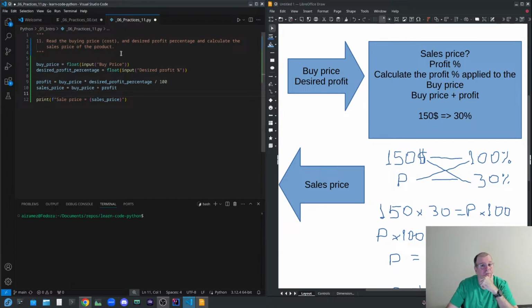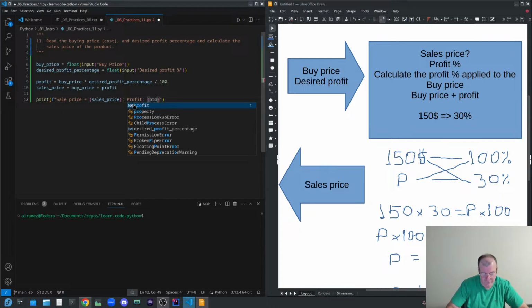The question just told us to calculate the sales price of the product. Maybe you are creating a little piece that is just expected to do that. But you could ask the business analyst, do I need to add the profit here just to help the user? Like I could say something like, sale price is this, and the profit that we are having is this.